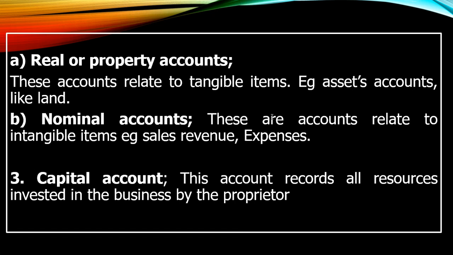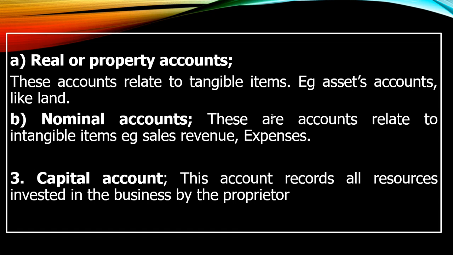Another type of impersonal account is a nominal account, and these ones relate to intangible items. For example, if you make sales, how do we record sales? Of course, we record sales in the sales ledger account. You paid out rent expenses.